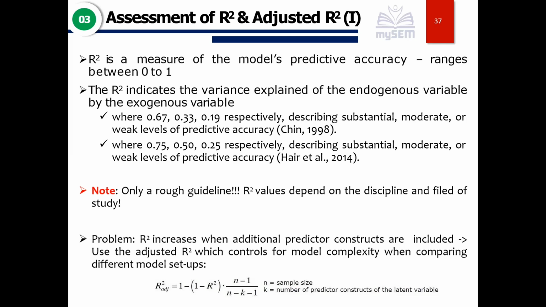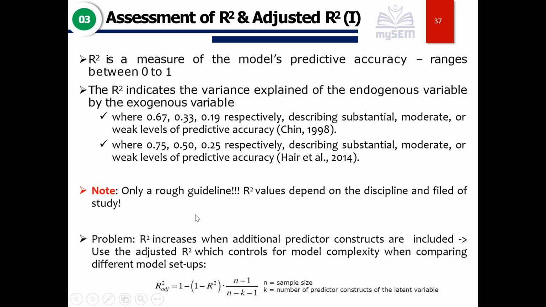If your research is on consumer behavior, especially on the business side, in management one result will come. If it is marketing, the R square value may be different. So it depends on the nature of the research.